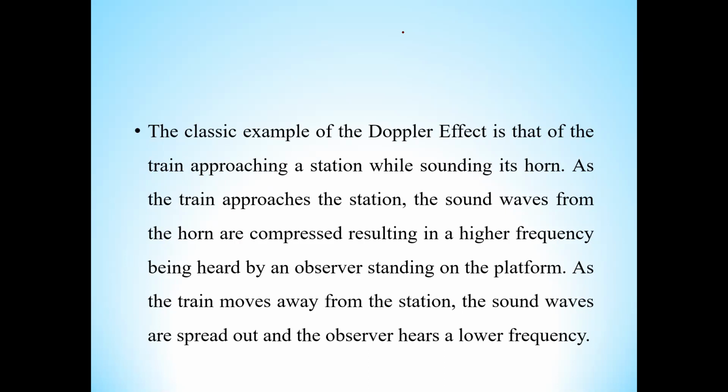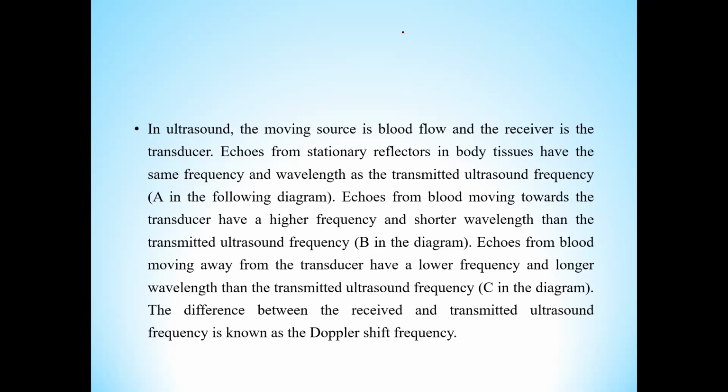As the train moves away from the station, the sound waves are spread out and the observer hears a lower frequency sound. In ultrasound, the moving source in the body is blood.